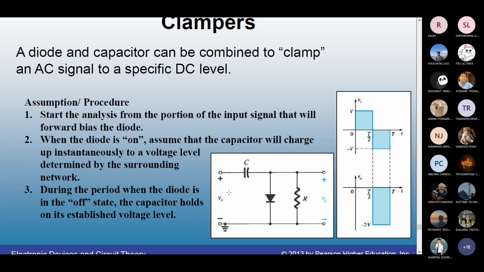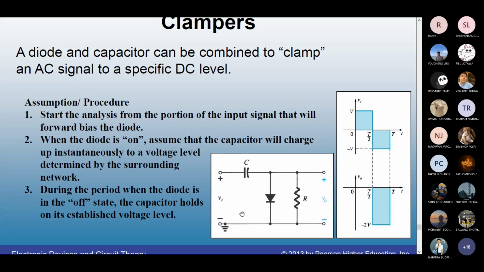When you look at the circuit, first of all, see the input waveform and decide whether the diode is forward biased or reverse biased. So which part of the input signal will make the diode conduct. In this case it is the positive half cycle, because the diode is forward biased with respect to the input. You start your analysis with that half cycle.